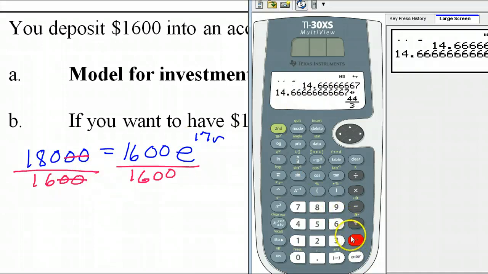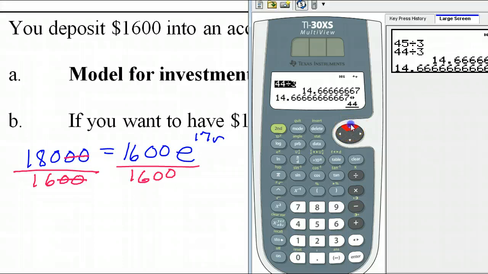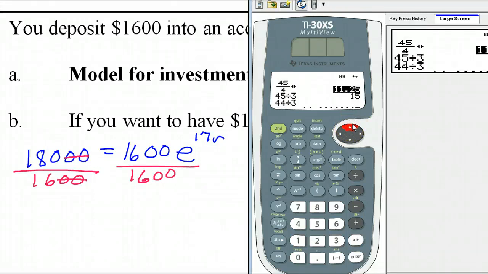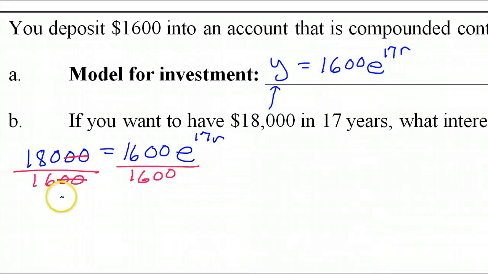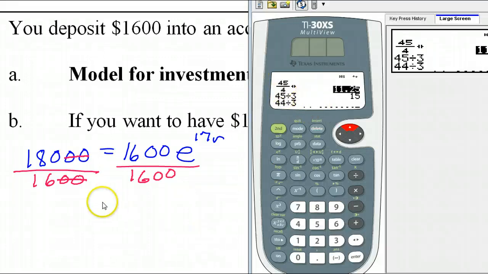So if that was the case, you would have to stick with the fraction 44 over 3 instead of a decimal. In fact, just to make a point, I'm going to stick with the fraction, 45 over 4. But in this case, if you want to use 11.25, that's fine because it's an exact decimal that's not rounded. Anyway, what did I say? 45 over 4.